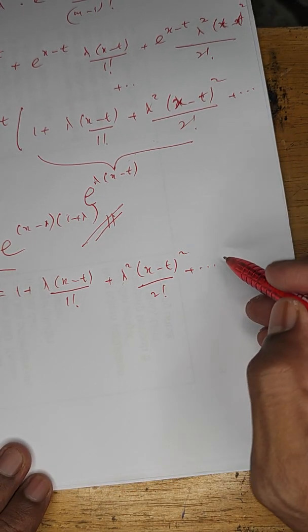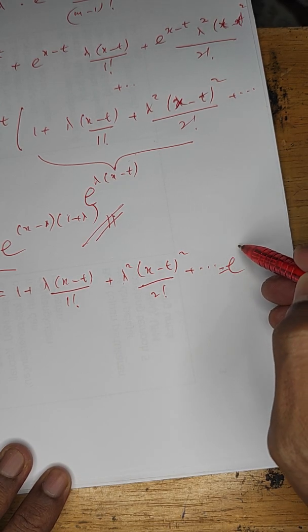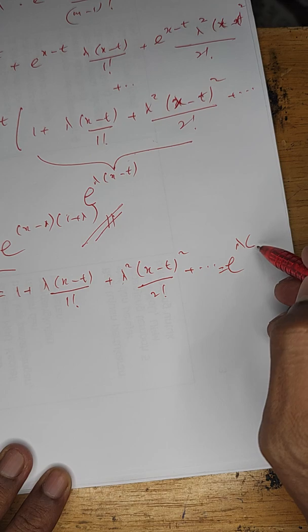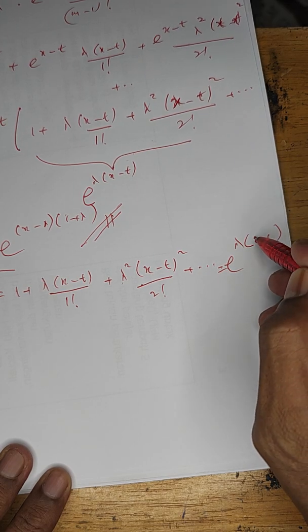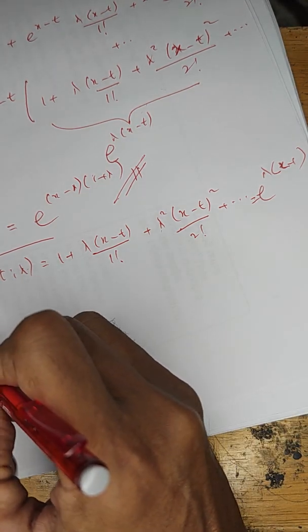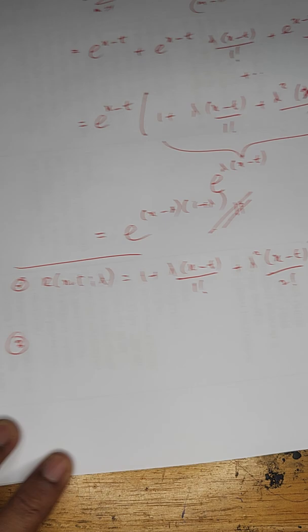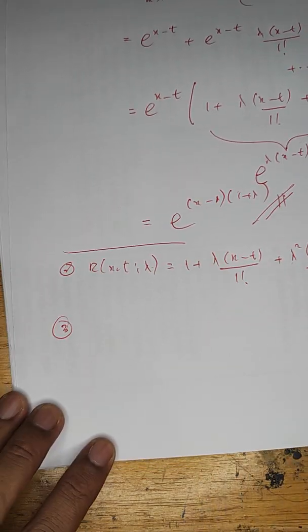Okay, this is equal to e^(lambda (x minus t)). And solution number 3 is given as, so hopefully you can read those things.